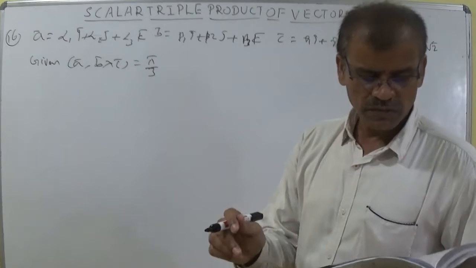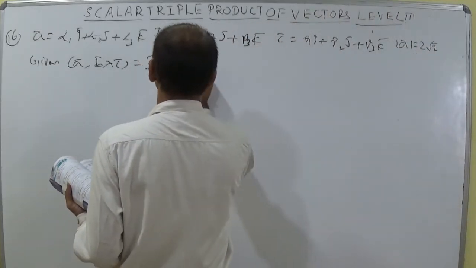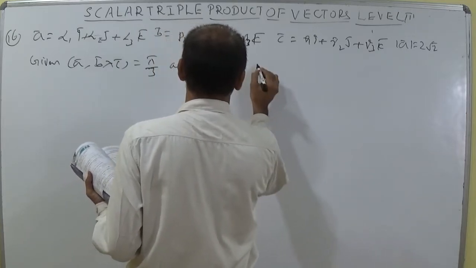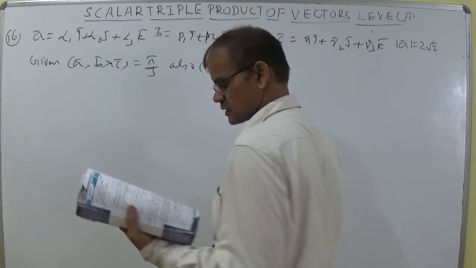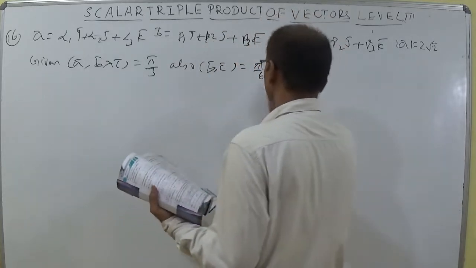Next data also given: the angle between B bar and C bar is pi by 6. Then find this one.